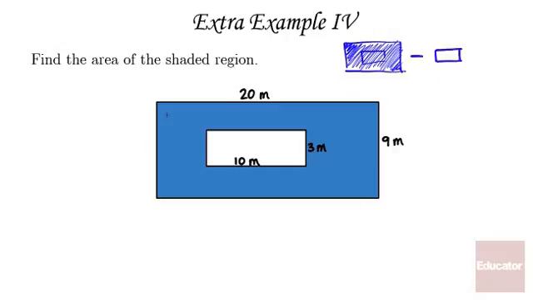So again, the area of the big one is going to be 20 times 9. The base times the height, 20 times 9. 2 times 9 is 18. And then I can just add a 0 at the end of that.